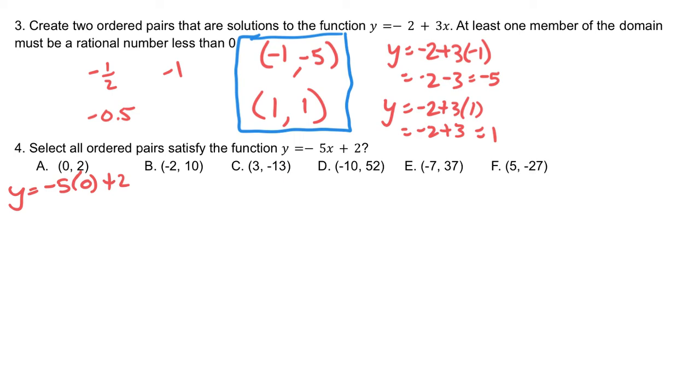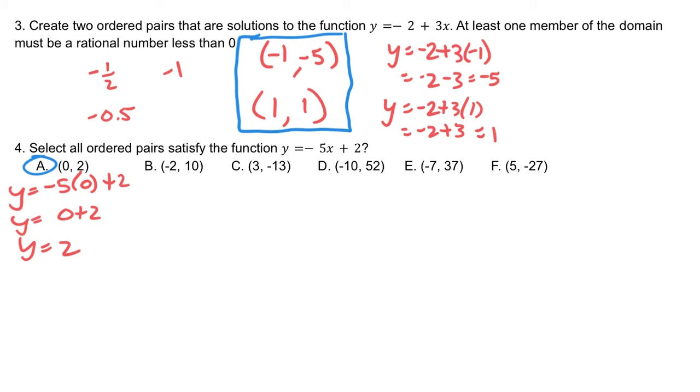So y equals negative 5 times 0 is 0, plus 2, so y equals 2. And that is definitely one of my answers. Boom. Because when I put 0 in right there, I get 2 out, which is that y number right there.